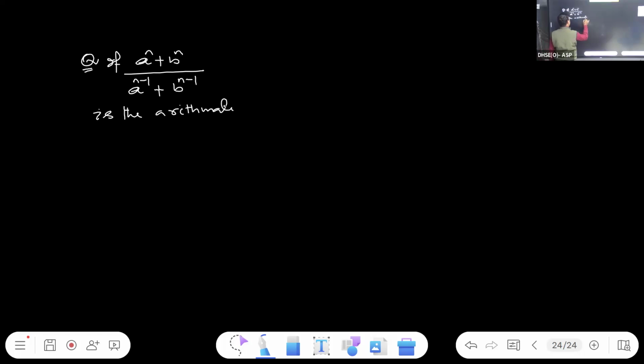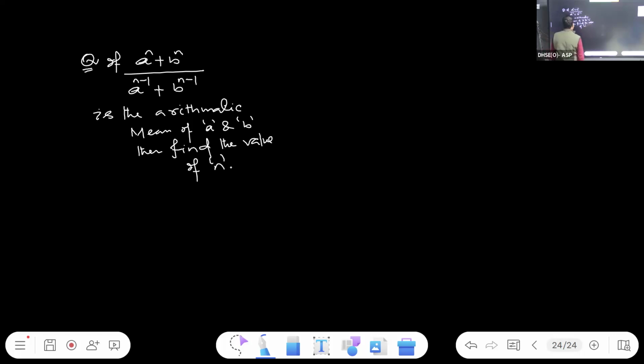If a to the power n plus b to the power n upon a to the power n minus 1 plus b to the power n minus 1 is the arithmetic mean of A and B, then find the value of n.